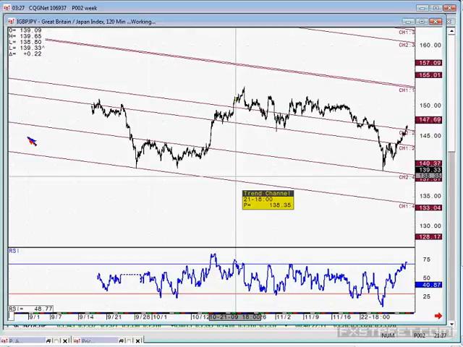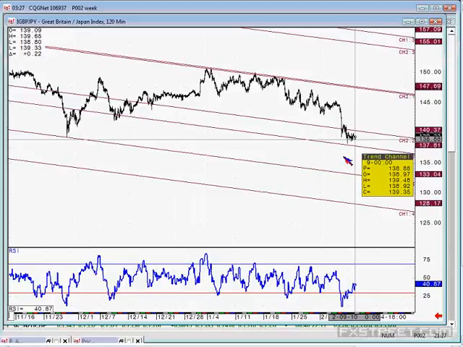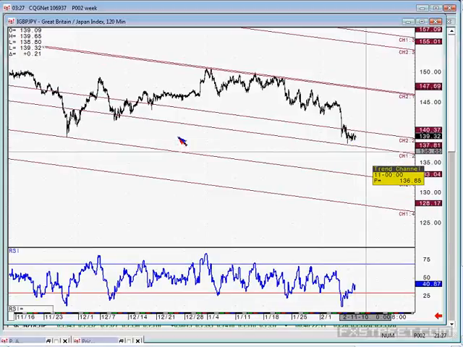See the prior low, which is 139.90. I think in fact that's the lowest low. The price has been consolidating around this level.